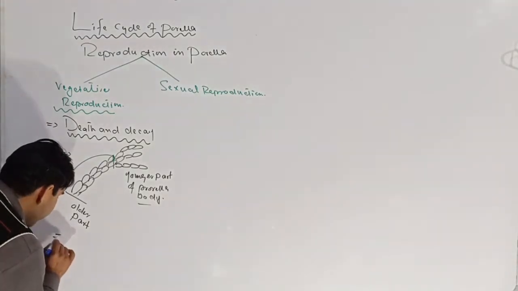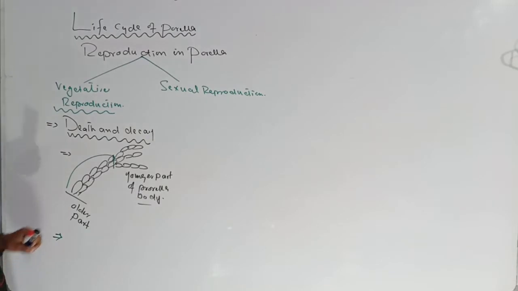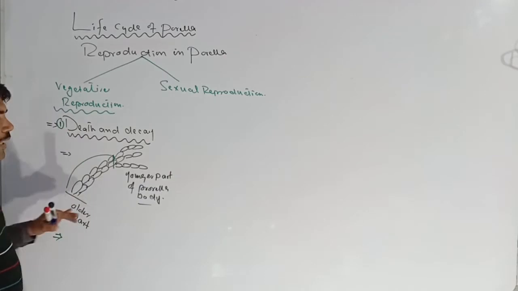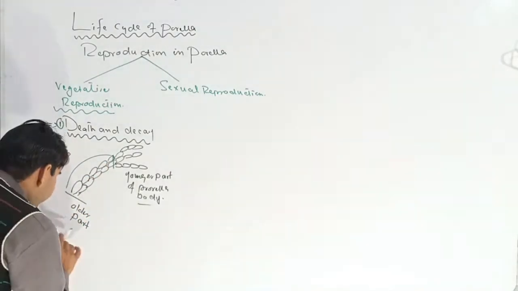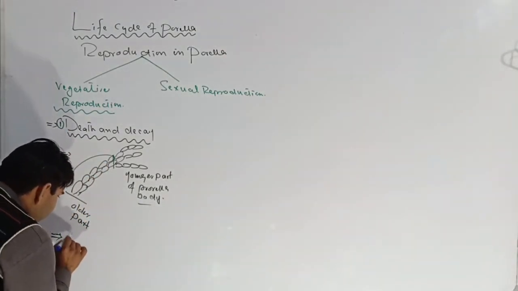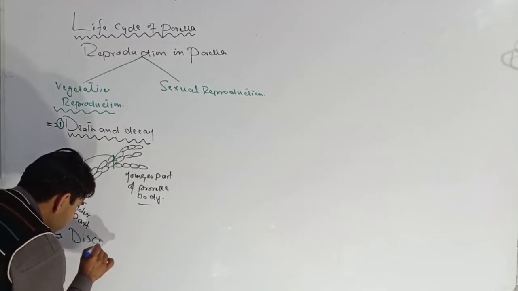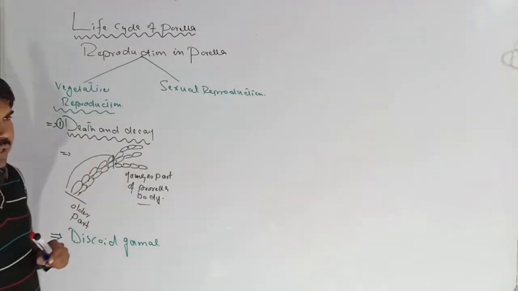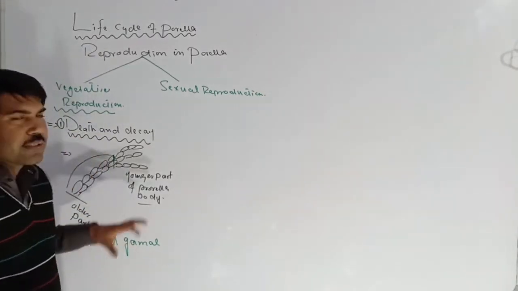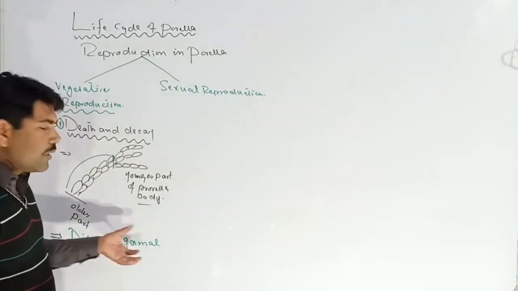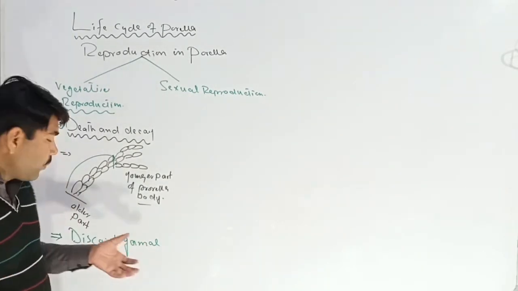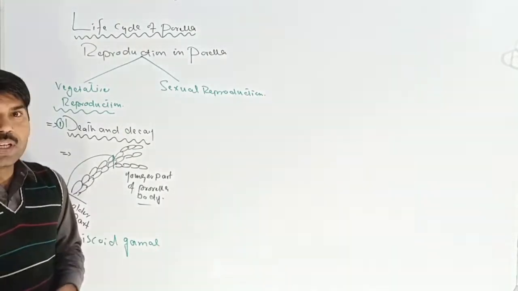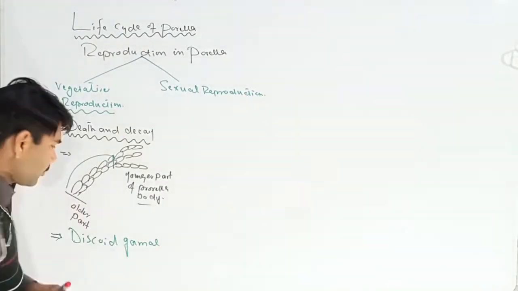Now there is a second method. The first method was death and decay, and the second method is known as discoid gemmae. It is necessary for us to understand the meaning of discoid gemmae and what structures are involved in vegetative reproduction.